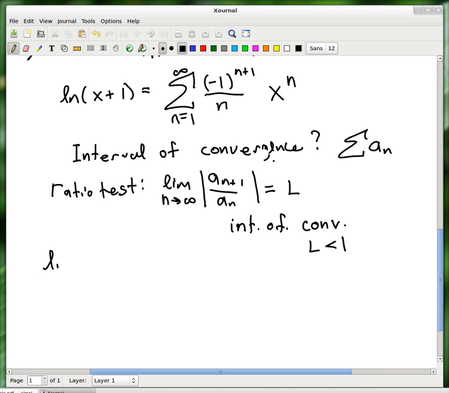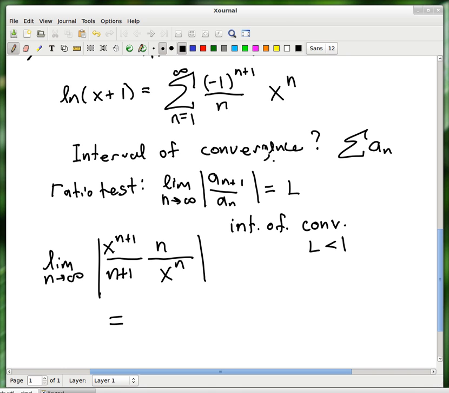Let's do the limit as n goes to infinity of, what have we got? We've got x to the n plus 1, ignoring the -1 because of the absolute value signs, over n plus 1. Dividing is the same as multiplying by the reciprocal, so I can do n over x to the n here.